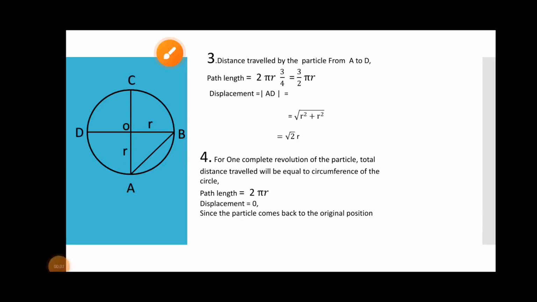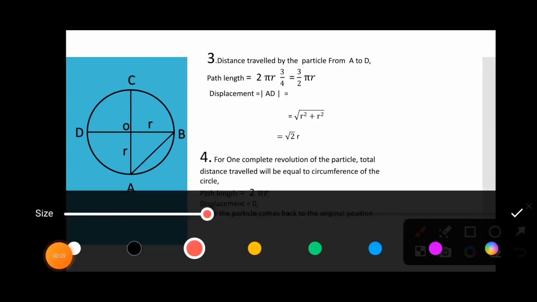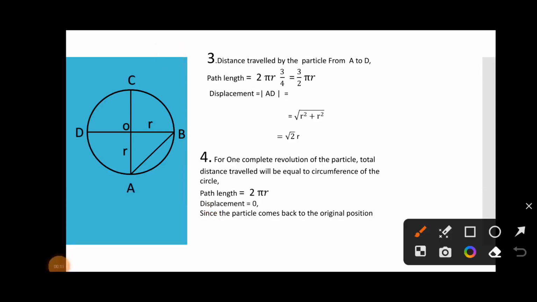Now in the fourth case, for one complete revolution of the particle from A to point A, the total distance travelled will be equal to the circumference of the circle, which is equal to 2 pi r.